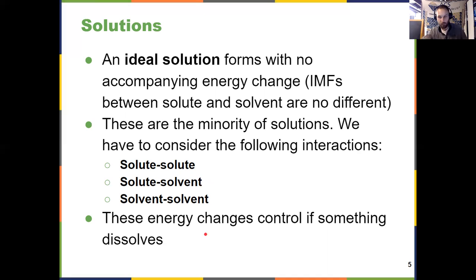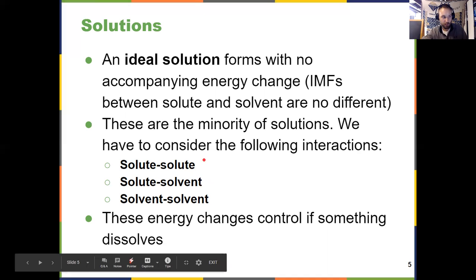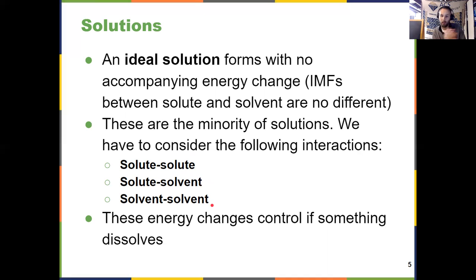Because, for example, if we have really strong solute-solute interactions or really strong solvent-solvent interactions, those things want to stay together. They don't want to get dispersed throughout a solution. So in that case, it won't dissolve and we won't form a solution. If we want to form a solution, we want really good solute-solvent interactions.